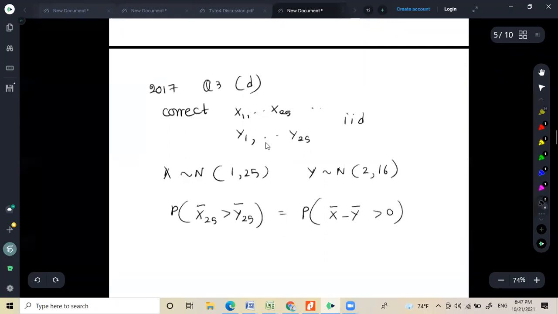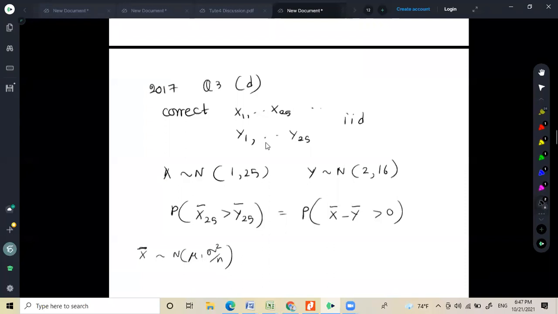Since these are the means, with the central limit theorem you can figure out what will happen with x bar minus y bar.